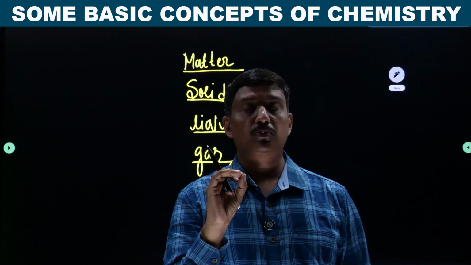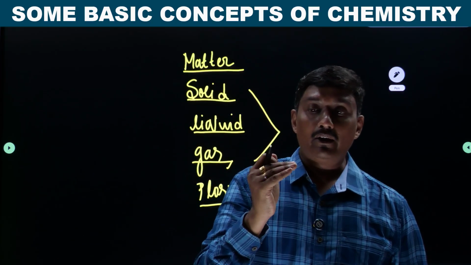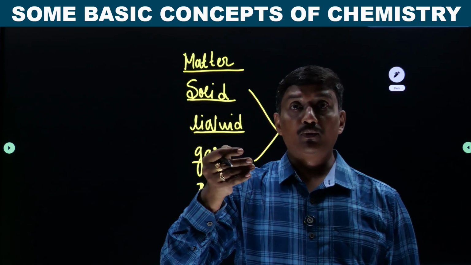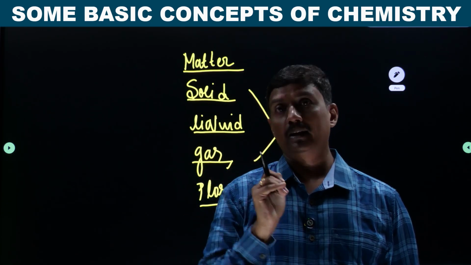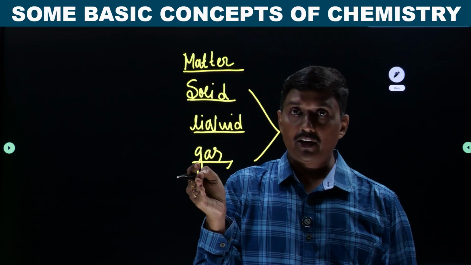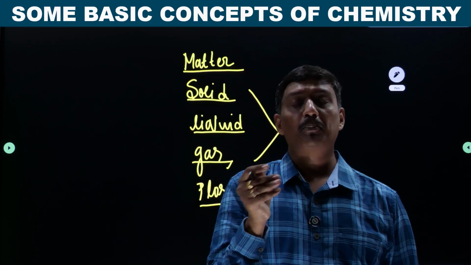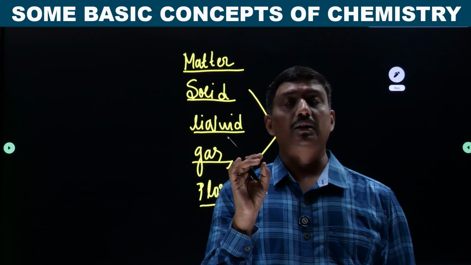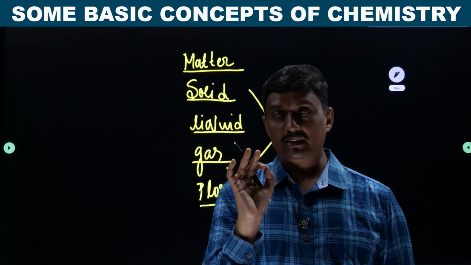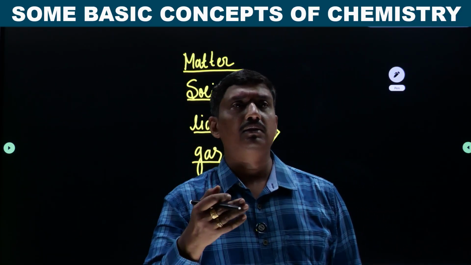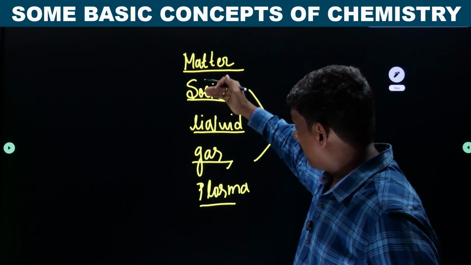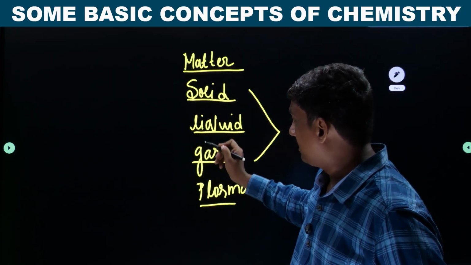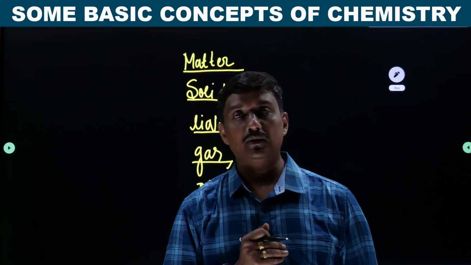These gaseous particles are away from each other, and the force of attraction is very less, so it can undergo a process called compression. By these properties, we can easily identify the gaseous state. So these are the physical parameters to define or explain the solid state, liquid state, and gaseous state.